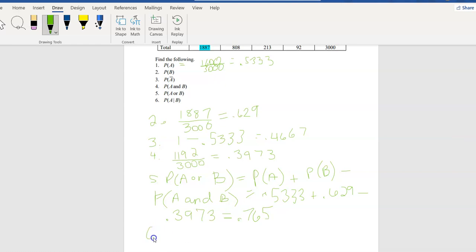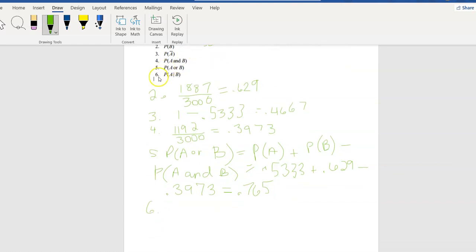Now let's go to 6. On number 6, we need to use our conditional probability formula. The probability of A given B is equal to the probability of A and B over the probability of the second one in the notation, the probability of B. Well, we know the probabilities of both the bottom and the top of this. So let's see, A and B was 0.3973.